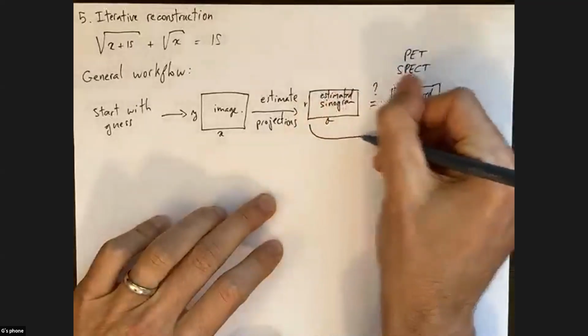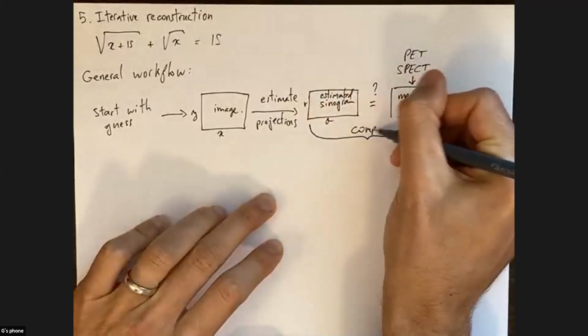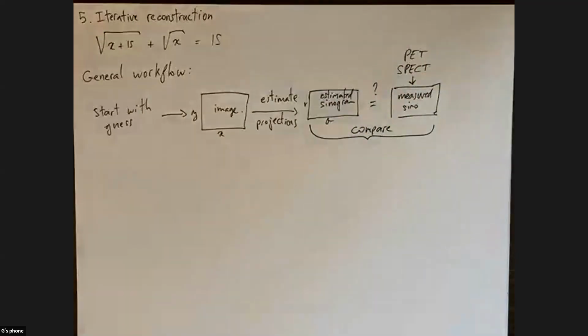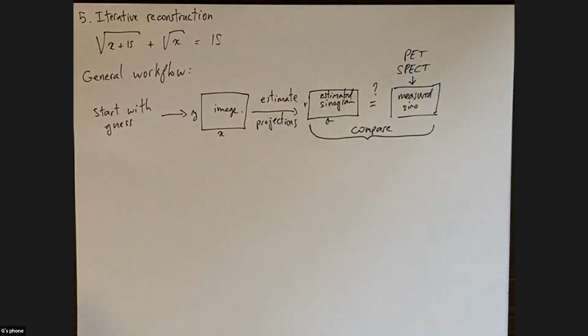And so we're comparing those two, right? Comparing means we're doing some kind of mathematical operation where we either subtract the two and look at the difference, or we take a ratio, or we apply some kind of distance metric. We want some idea of how big the difference is between those two sinograms, so some kind of metric that allows us to compare them.